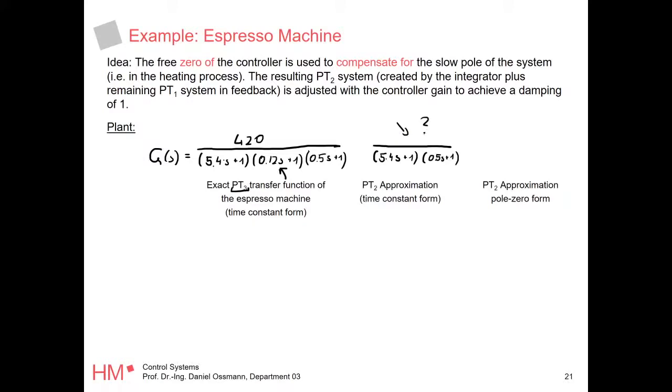Think of when we did the conversions. This one is pretty easy. 420, yes, of course. We only cancelled out one, 420, obviously. We only cancelled out this term. We stick to the time constant form, so nothing is changing.